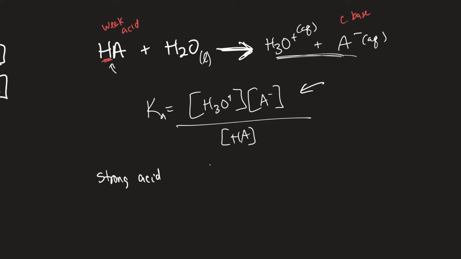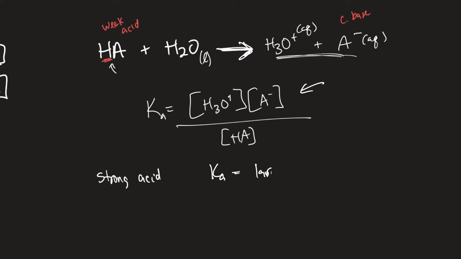If it's highly product heavy, the Ka will be very large, much larger than 1. Oftentimes it's so large that it's really hard to truly measure, so it's not useful to us, but essentially that's the case. Strong acids have large Ka values, much larger than 1, because they completely dissociate. They are very highly product favored.